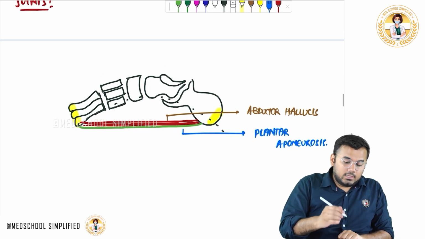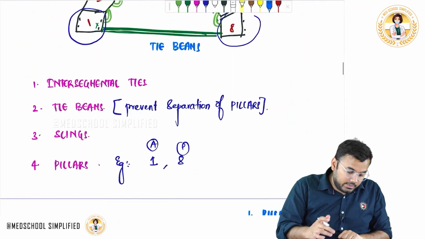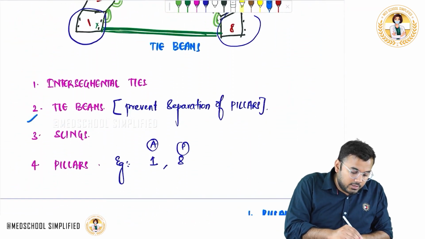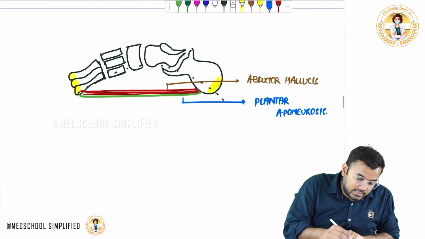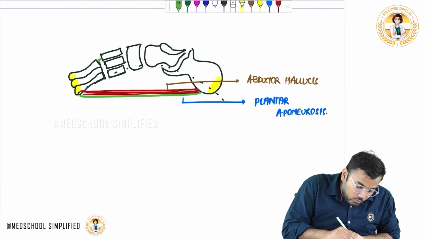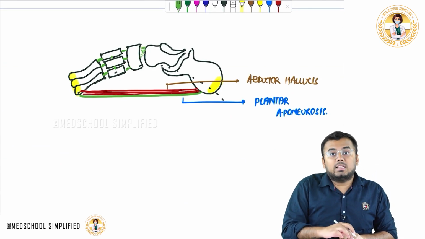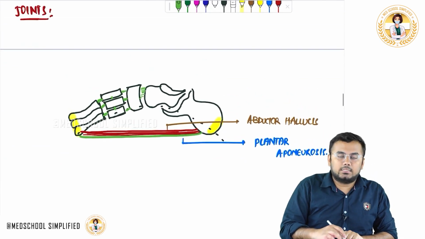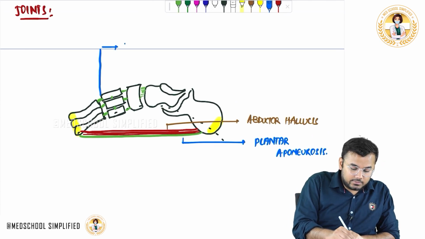After the tie beams, the next important thing is intersegmental ties, right? So what are these intersegmental ties? Between the bones, whatever ligaments we have, these are called interosseous ligaments. Yes or no? These ligaments are called intersegmental ties, or you can also call them intersegmental ligaments.